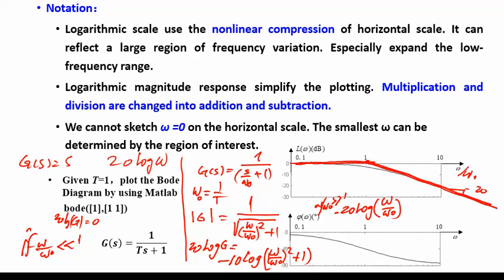Oh, sorry, tan inverse 0.1. We cannot start at 0. Multiplied by 180 over pi, this is degrees, you get no radians. I told you 5 degrees. It's approximately 5 degrees.